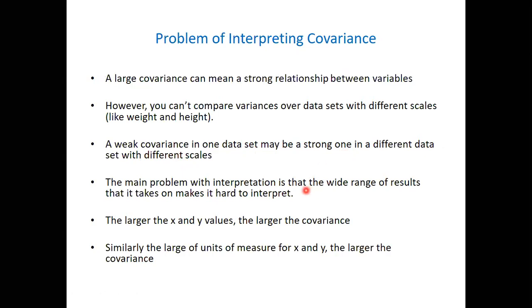So the main problem in interpreting covariance is the wide range of results it gives, because something that has big units can give you thousands, while something that has small units gives you small values. So the larger the x and y values, the larger the covariance. Similarly, the larger the unit of measurement for x and y, the larger the covariance.